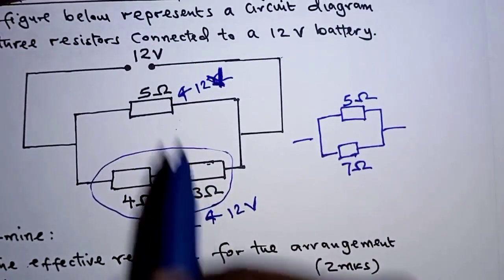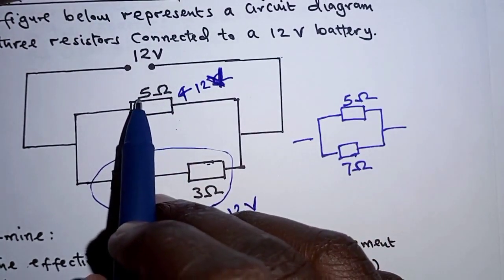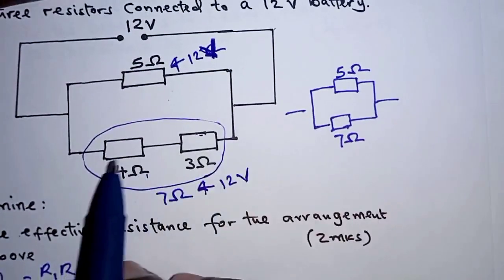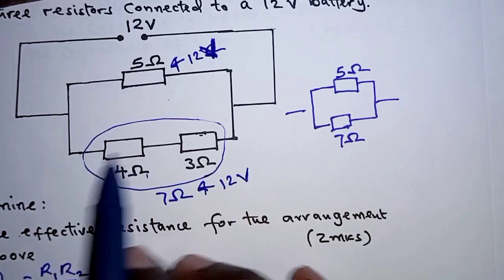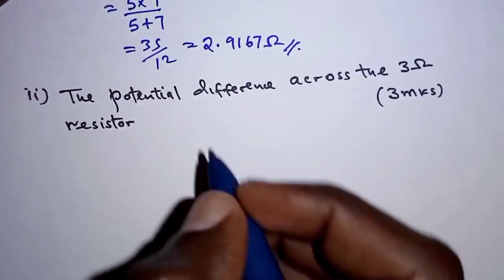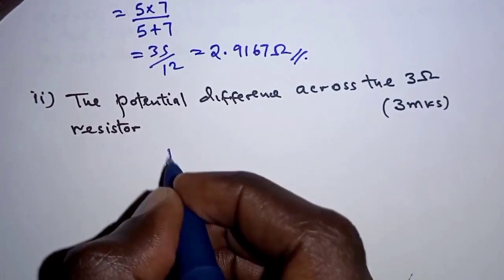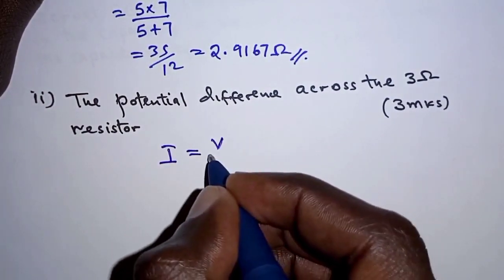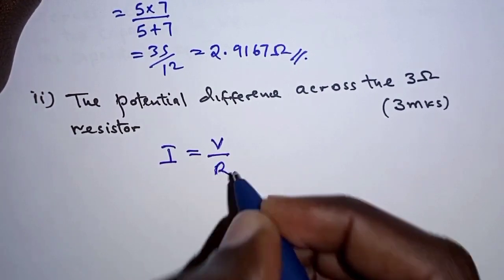So we are going to get the current across 5 ohm resistor, and from that we'll also determine the current across these 2 resistors. Remember, the 2 resistors share the same current. So let's get total current first. Total current is given as the total voltage over total resistance.